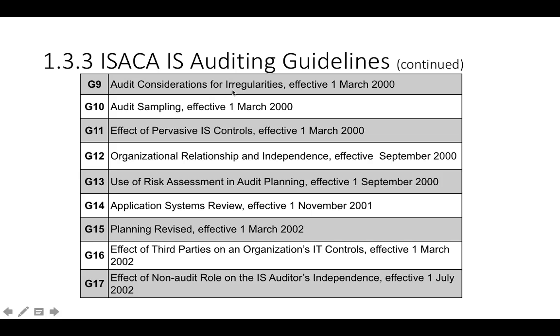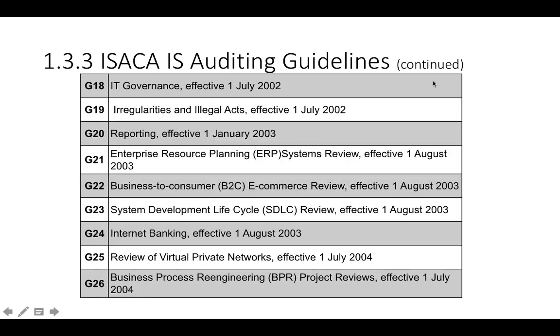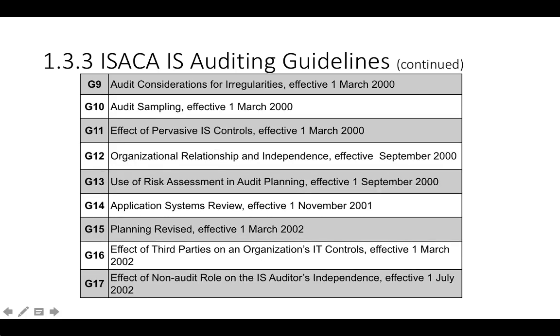All right, so audit consideration for irregularities. That's also defined in an earlier slide deck. And sampling. Okay, this is probably something a bit new. But when you are doing your studies, you have to do sampling, because we are not in a position to deal with the whole population, so we have to select a sample.